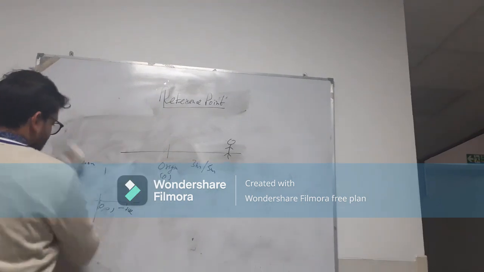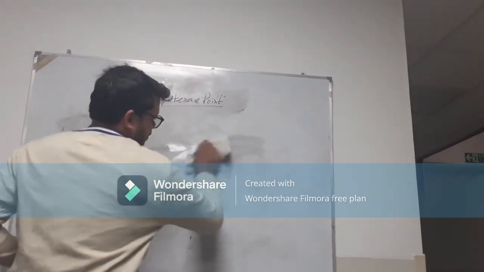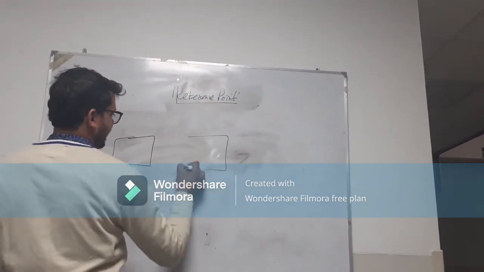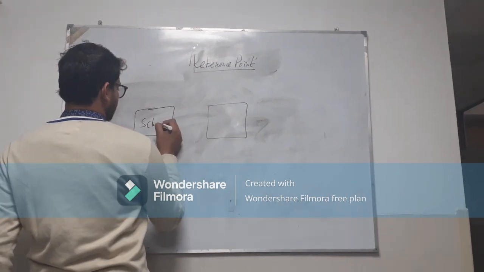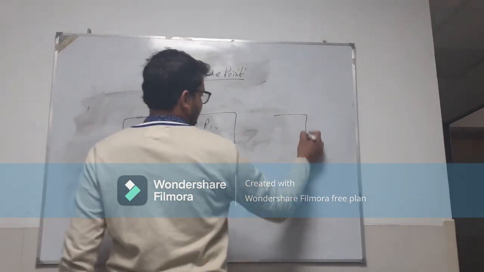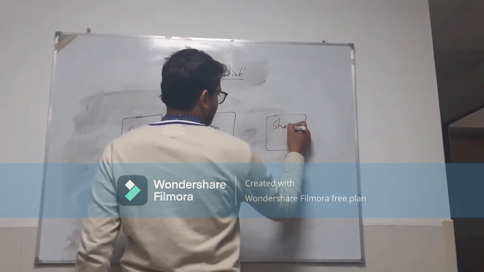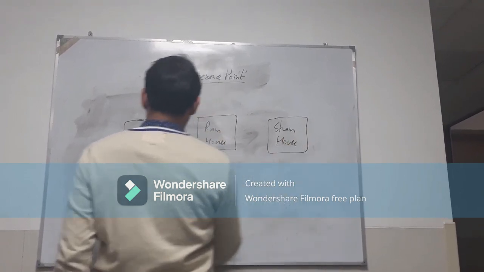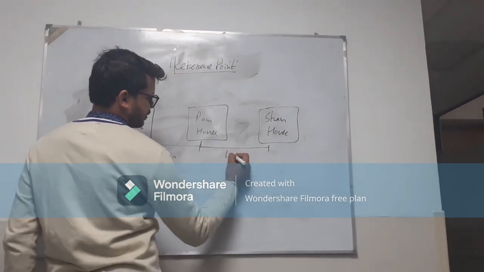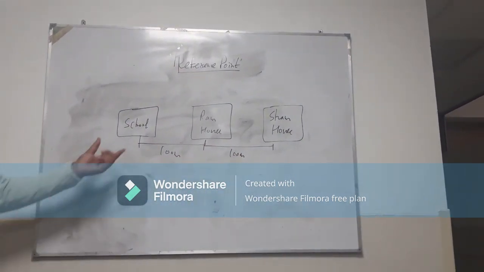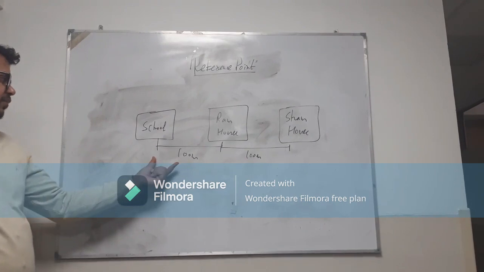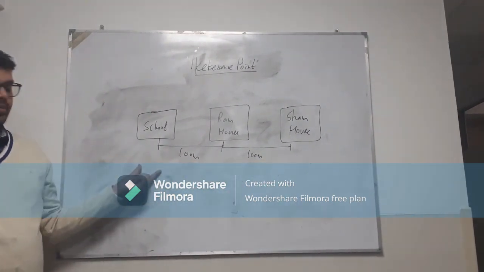Now, suppose this is the school building, this is Ram's house, and this is Sham's house. 100 meter. If we consider school as the reference point, then Ram's house distance will be 100 meters from school, and Sham's house distance will be 200 meters from school.